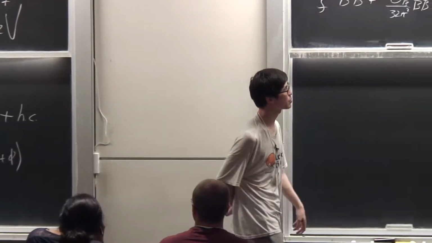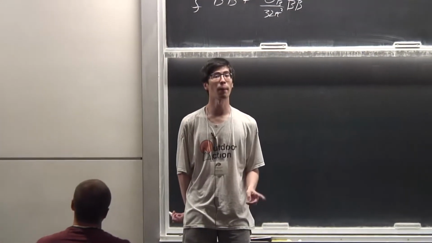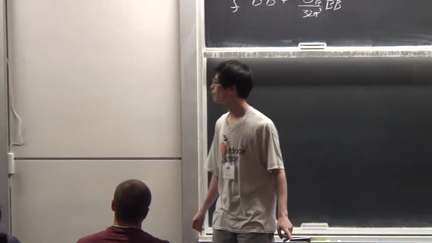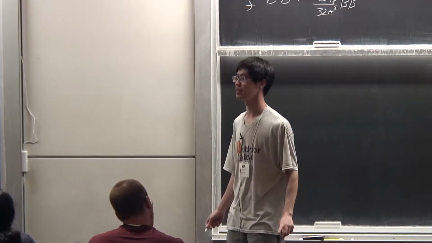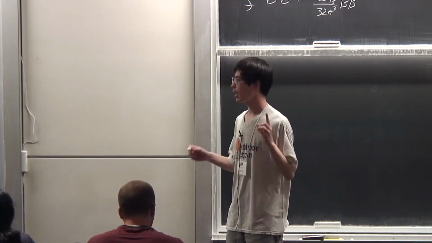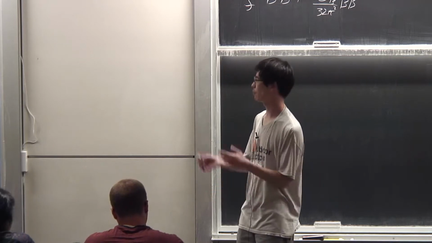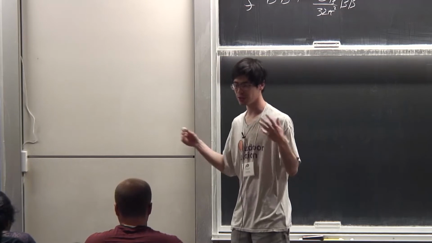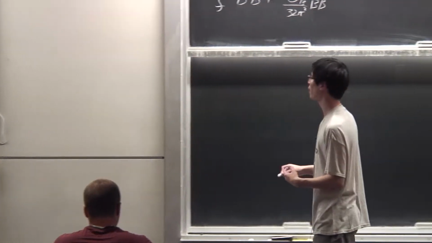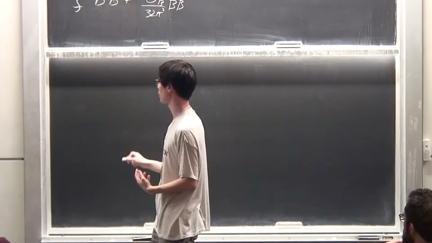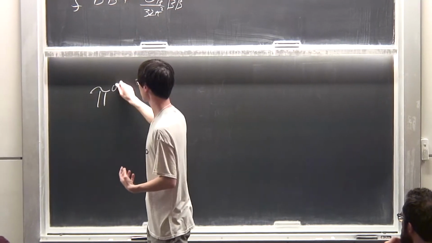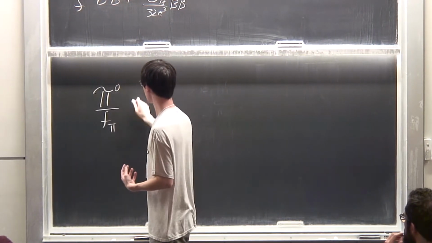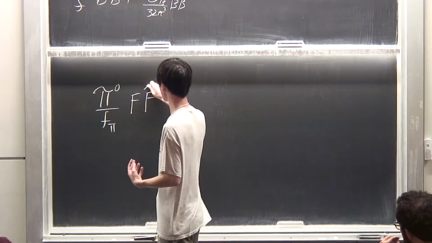So there are various tricks to get around it. In the interest of time, I won't talk about them in detail, but I'm going to very quickly sketch the simplest four-dimensional way of doing it, which is just the statement that pions have a coupling to the photons, pi 0 over f pi F F tilde.